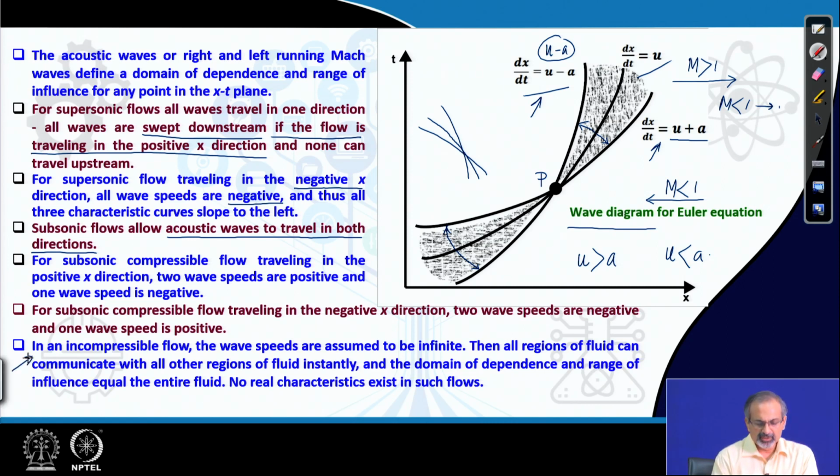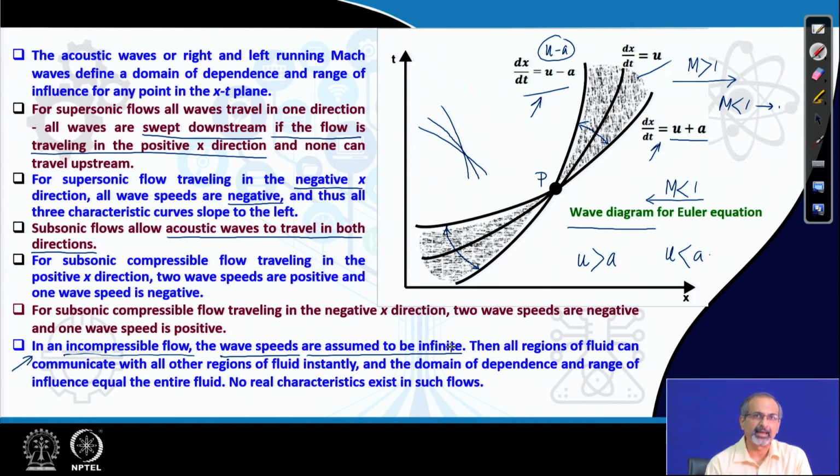What about incompressible flows? Though here we are basically talking about compressible flows, but can we also bring the incompressible flow in perspective and try to compare? In terms of wave speeds, they are infinite.